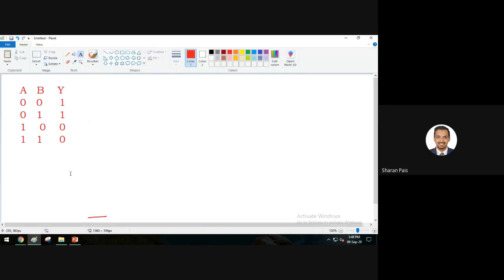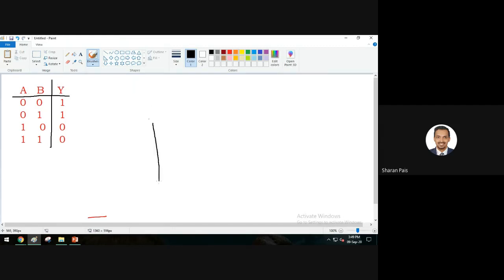Can you give the k-map for this? So how to do that? Listen carefully, I'll do that. So here I have two inputs, one output.